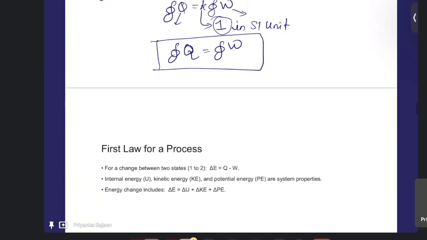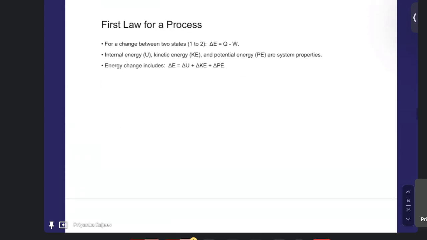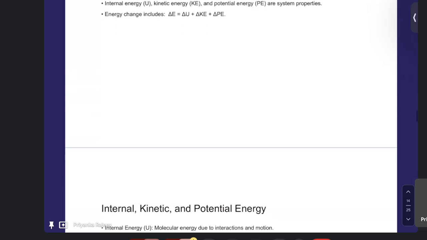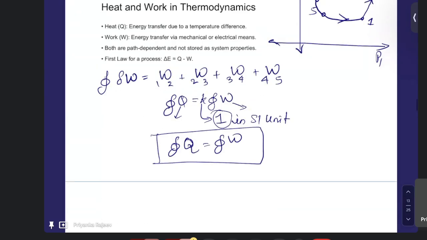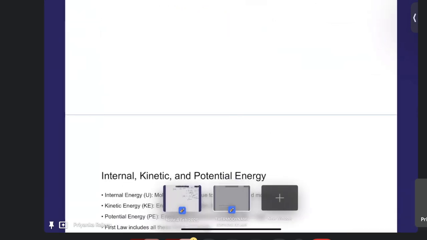Now we have to think about what is exactly happening in this process. So for that we are again considering, should I write, okay, I'll write the derivation separately.